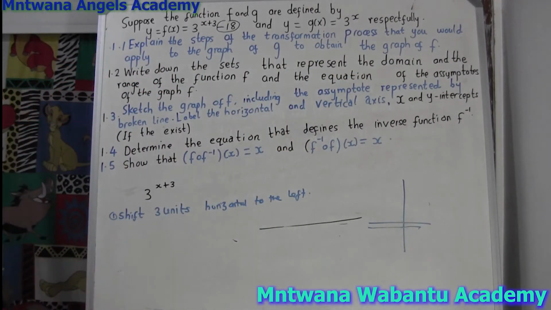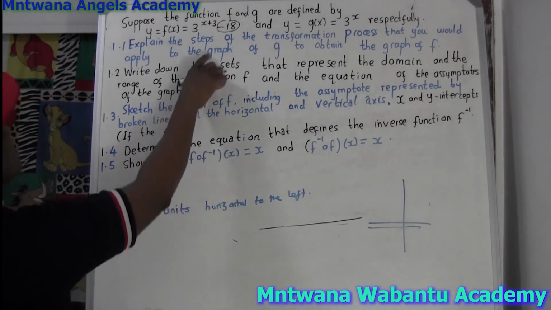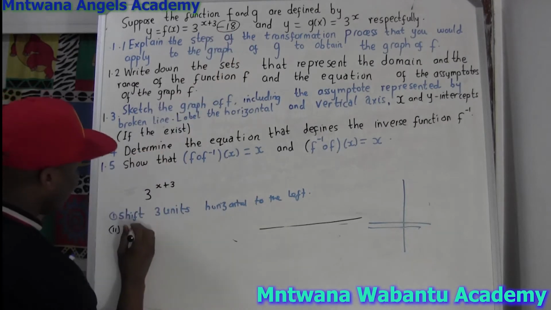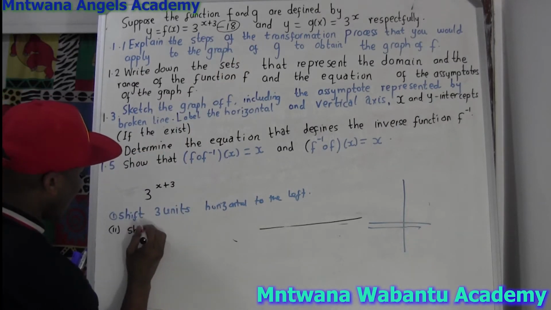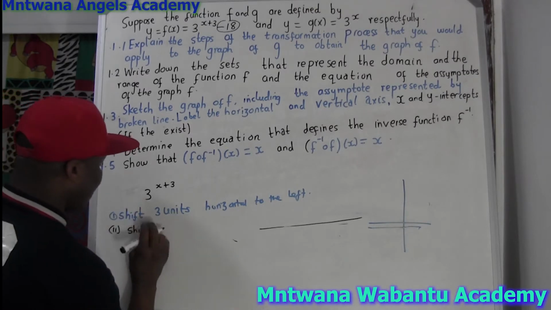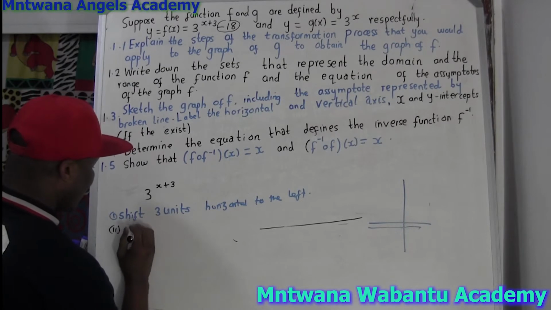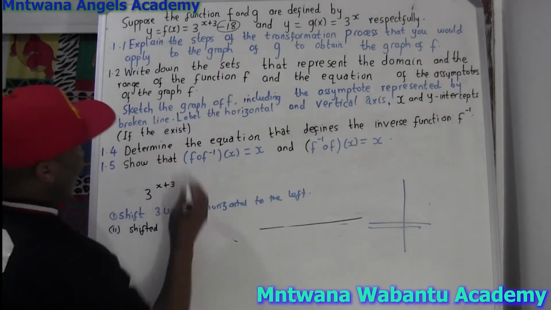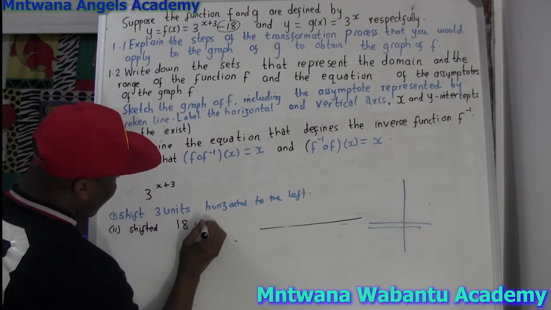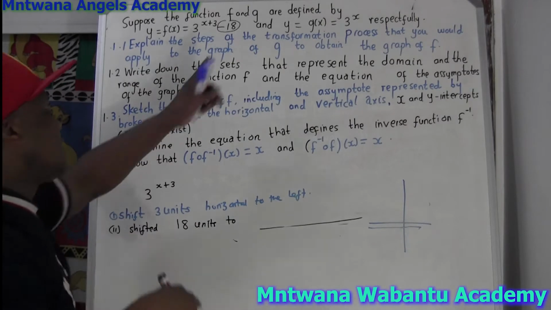So for this case, we're going to say there's a negative here. To get this graph here, finally, it was shifted, or moved, the graph was shifted, how many units? 18, vertical down. This represents y.